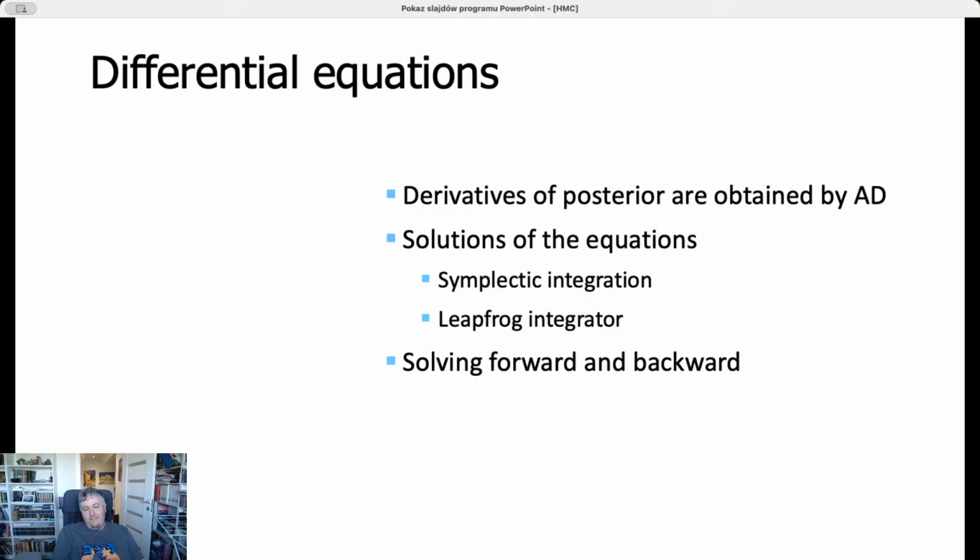And one very special case of symplectic integrator is a very simple one called a leapfrog integrator. A leapfrog integrator is a very simple first order method for solving differential equations with fixed step, which fortunately we can take to be small, that has this symplectic property, and in contrast to all other symplectic integrators, this one can be implemented as an explicit one.